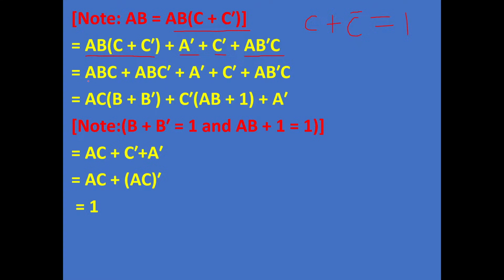AB into C, AB into C bar, and the remaining terms as it is: A bar C bar, A B bar C. So now this is our equation.